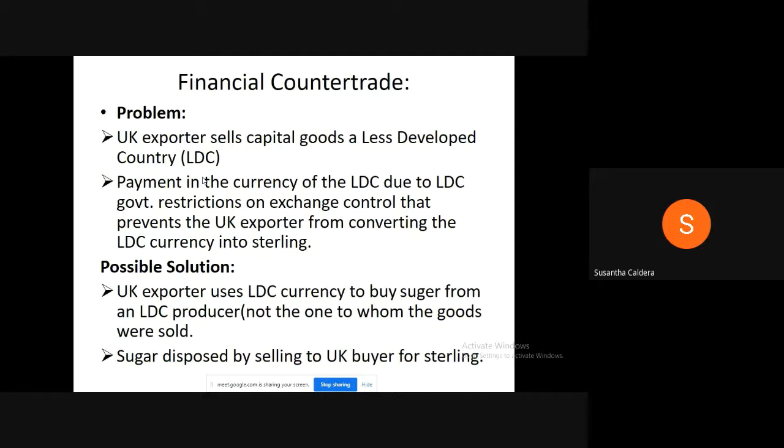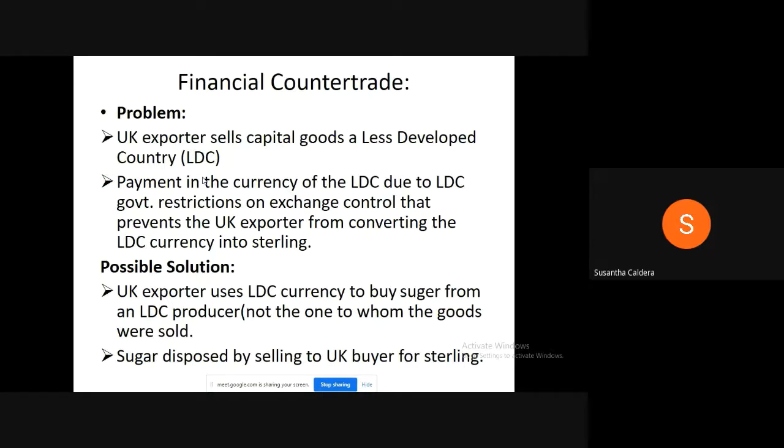So you cannot convert LDC currency into sterling. Because of that, the UK guy, the exporter, cannot get the payment. So the possible solution is, rather than getting the money in LDC currency, because if they get it in LDC currency, there's no point.